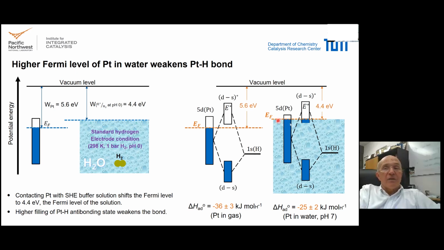The metal is negatively charged, and therefore we begin to fill the antibonding orbital, and filling the antibonding orbital then weakens the overall bond and weakens the impact of the bonding orbital here. So the enthalpy of adsorption decreases from about 36 to the 25 that we have determined experimentally.